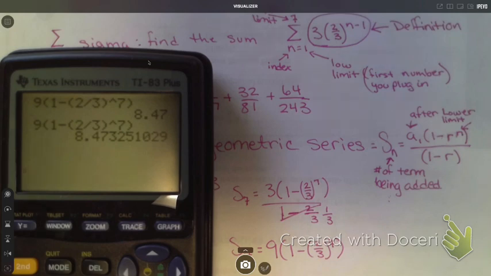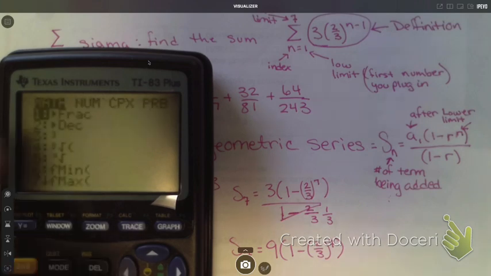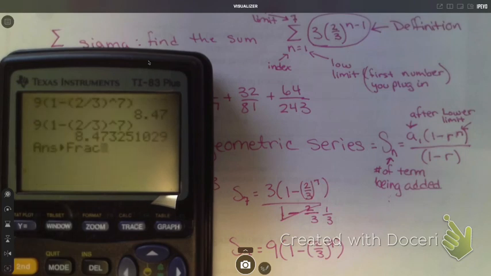Now, they gave us a fraction, so does anybody remember how to get this to a fraction? Does anybody remember how to make your calculator give you fractions? Math. See the fraction? Math 1. And then hit enter.